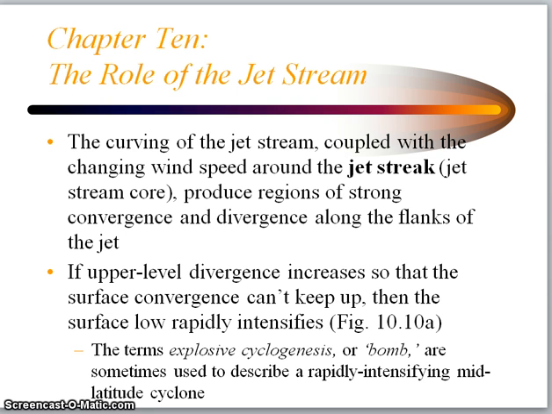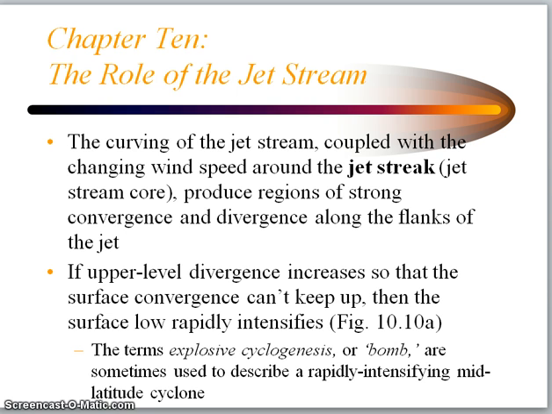In other words, on either side of the axis of the trough, to the east or the right-hand side of the trough, you're going to have strong divergence aloft, and to the left of the axis of the trough, you're going to have strong convergence of air streams aloft.